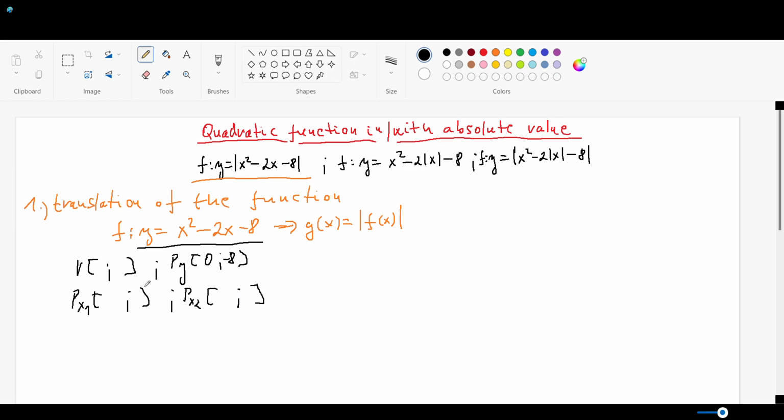The next thing we can do quite easily is to define the x and y coordinates of the vertex.